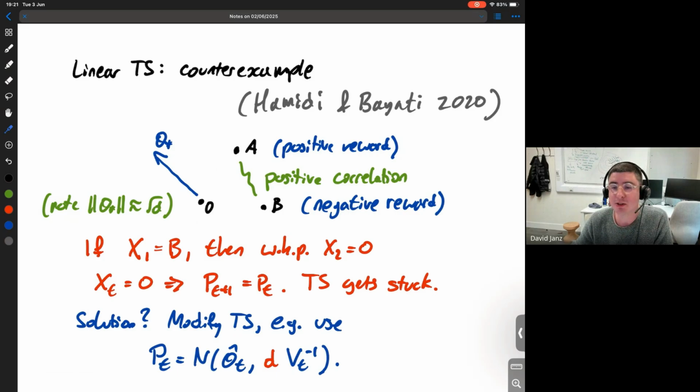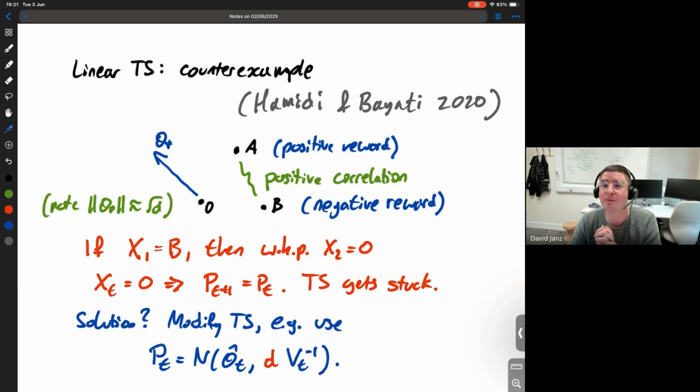There's a standard solution: modify Thompson sampling to inflate the posterior we're sampling from. Essentially, sample with the same mean, but inflate the variance of the sampling by a factor of d. Once you do that, your posterior expands and you gain some chance of sampling A.